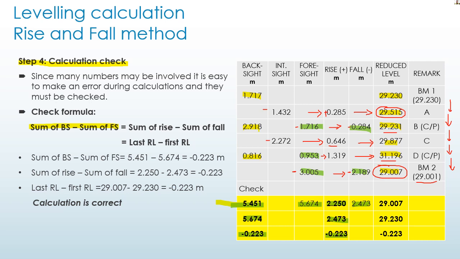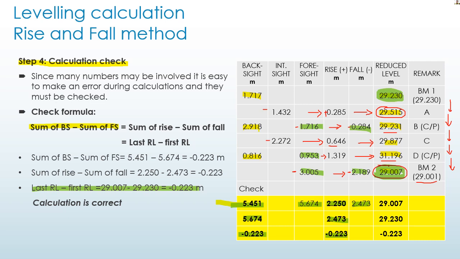Another check we can do is the reduced level of the last point minus the reduced level of the first point. So we have them here. Benchmark number 2 after calculation, the last point minus the first point here.